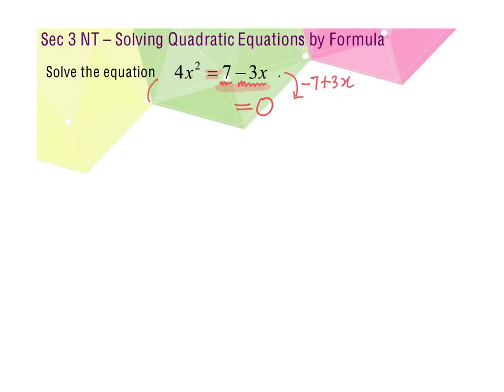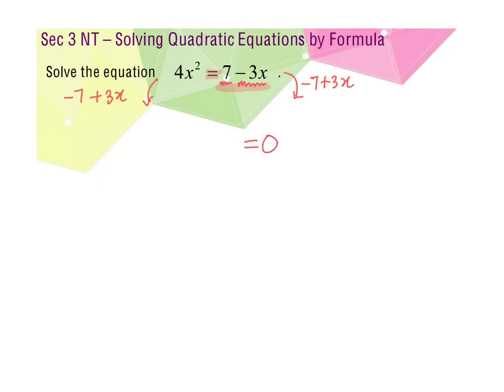On this side, I'll need to do the same thing: minus 7 plus 3x. And we always arrange it in terms of x squared, x, and then number. Let me erase this and write this down a little bit, equals to 0.